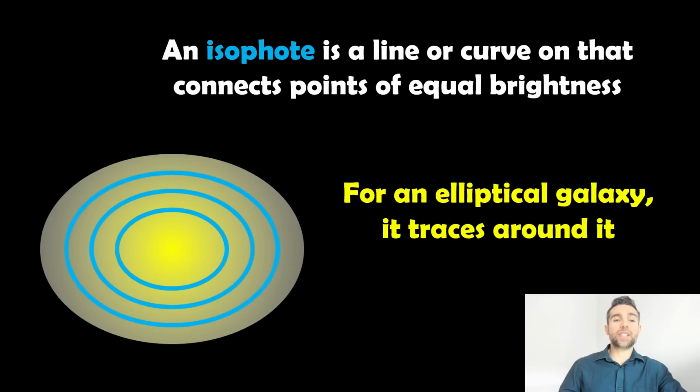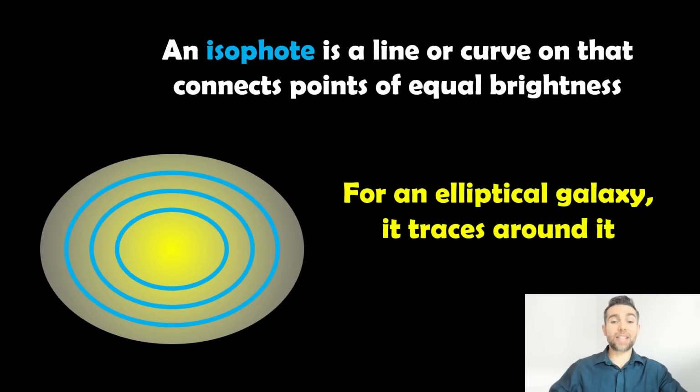Now, we have these things called isophotes, and this is basically a line or a curve that connects points of equal brightness. It's a bit like a contour line. So if we draw a line around our elliptical galaxy, that isophote line would be the same surface brightness all the way around. And for an elliptical galaxy, because they are smooth and symmetric, you generally get these ellipses, or if it's a perfectly circular, more spherical galaxy, then it would be more like a circle.